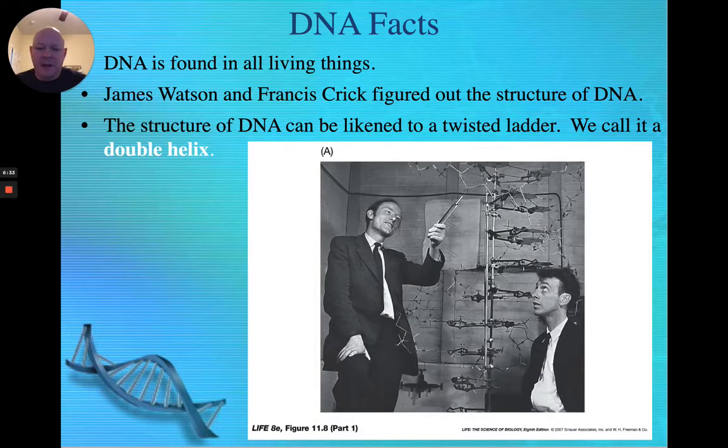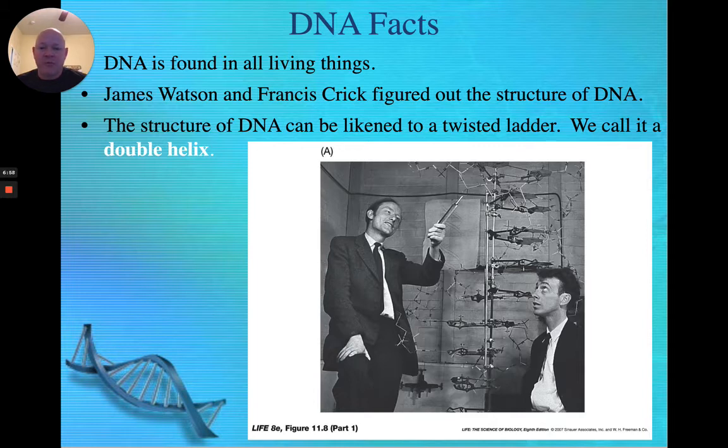Now, these 2 men right here are Watson and Crick, and they're the ones that actually won the Nobel Prize and are now considered to be the 2 people that discovered the structure of DNA. Keep in mind that there were others involved, including Rosalind Franklin. The story goes that Rosalind Franklin's pictures got into the hands of these 2 men after she left the university where they were all working.